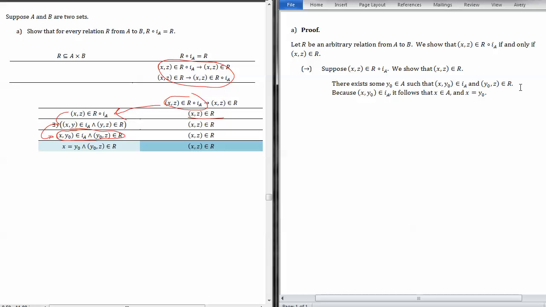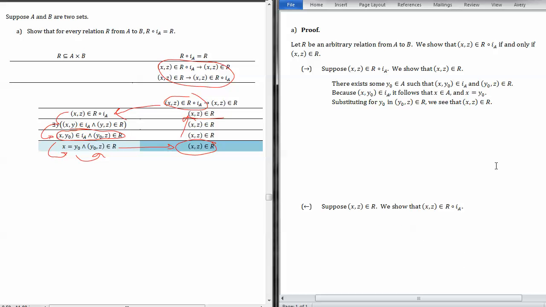And then the last thing we said was, okay, then substituting that in this one, we end up with our goal. So substituting for y naught in the statement y naught, z is in R, we see that x, z is in R, which is our goal. All right, so that takes care of that direction.